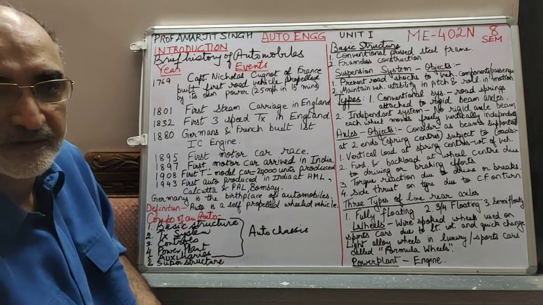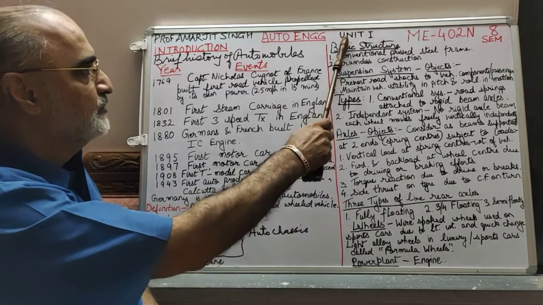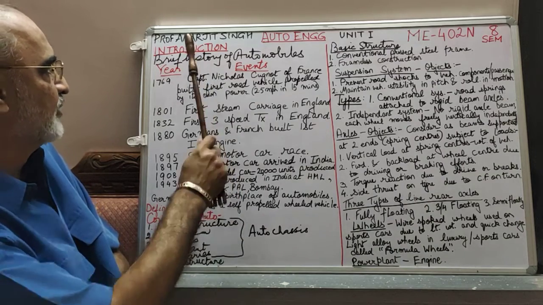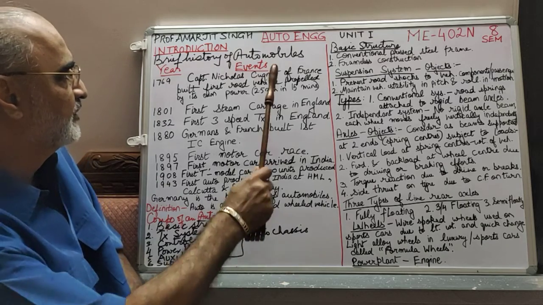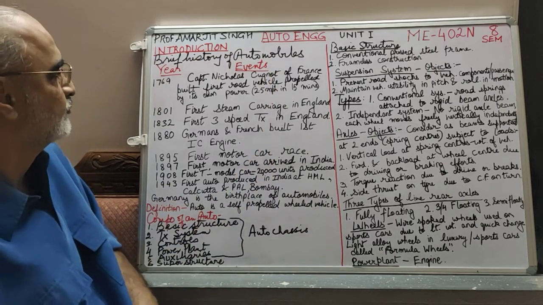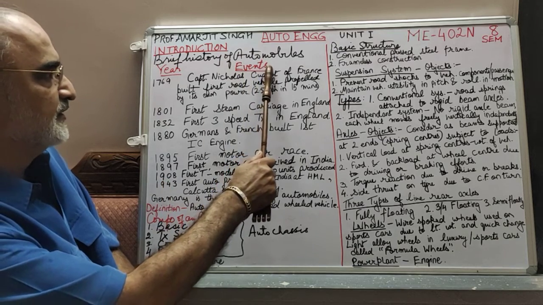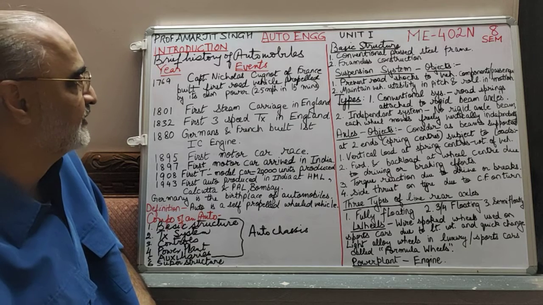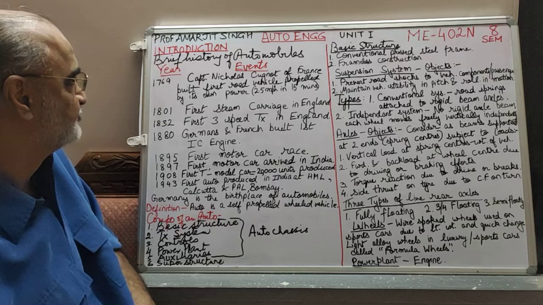We will start the syllabus unit wise, coming to unit 1. Introduction. We start with the brief history of automobiles. This is the year, and these are the important events which took place during the development of the automobile.